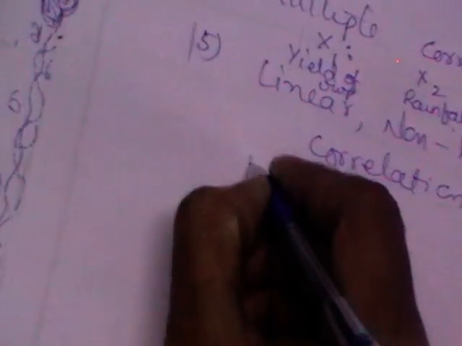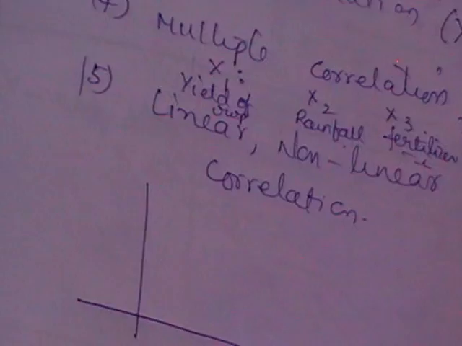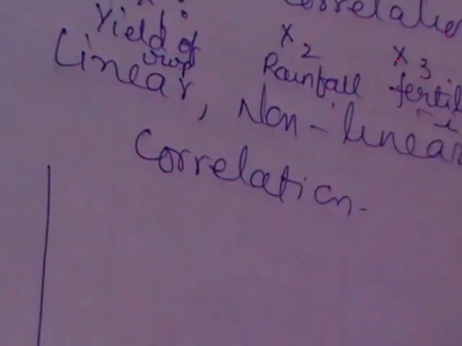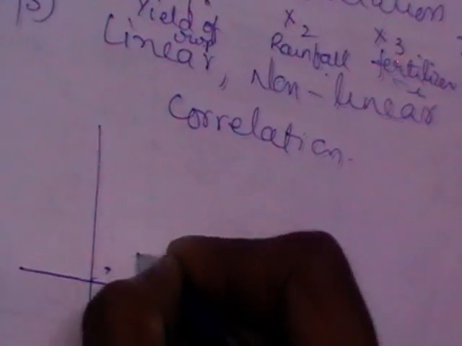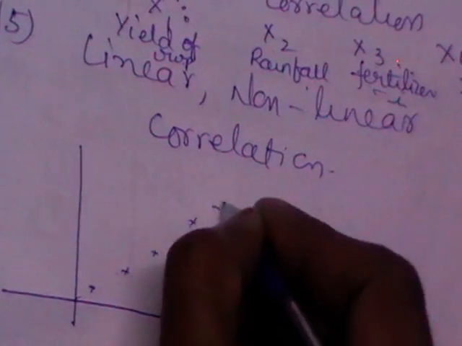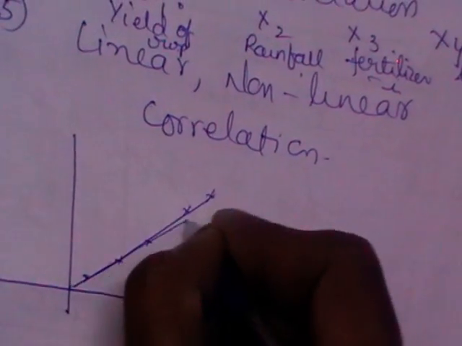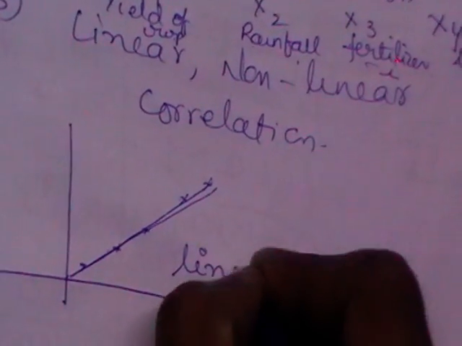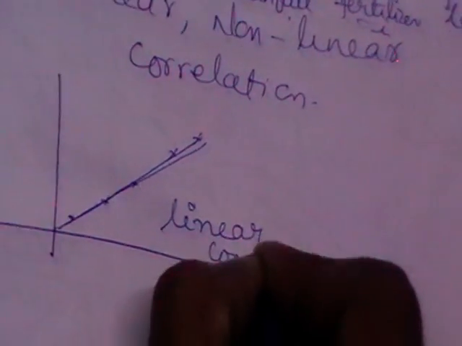Similarly, the next correlations are linear and non-linear. We have already discussed the scatter diagram. Whenever you plot data on a bivariate axis, if it shows a perfect straight line, we say that it is a linear correlation.